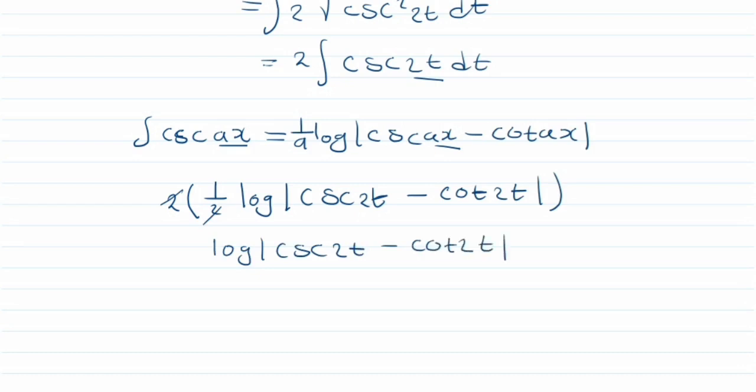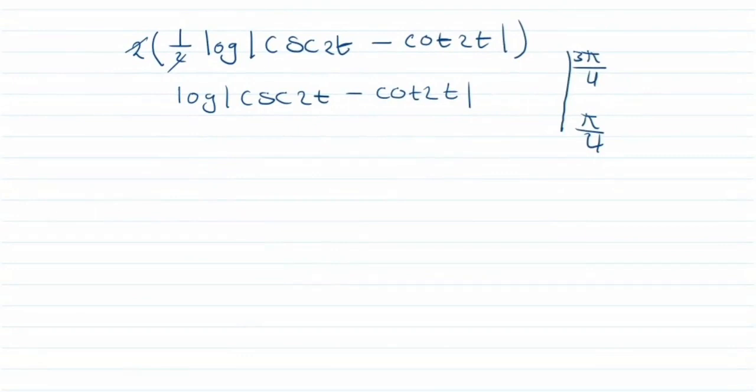So remembering that we've been given a definite integral with pi over 4 as our lower limit and 3 pi over 4 as our upper limit, we are going to plug in these limits. So before we plug in everything, we want to modify these identities. We know that cosec 2t is the same as 1 over sine 2t.